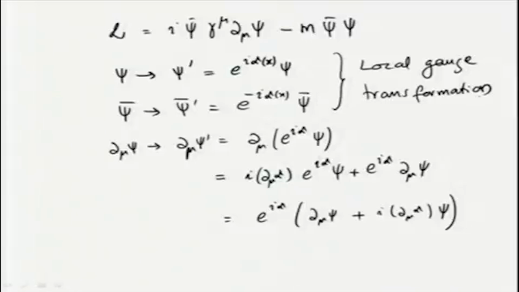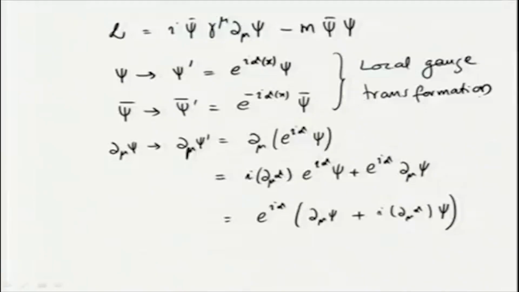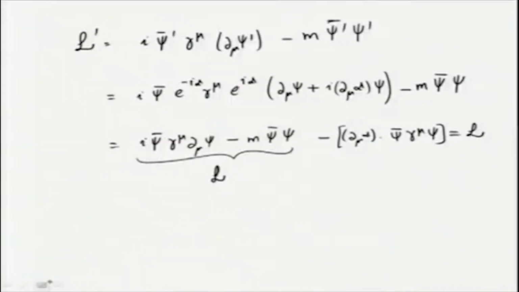It is not globally defined, it is not defined for all the points. It can have one value at x 1 and it can have another value at x 2. So, this is a locally defined quantity, different points will have alphas differing from each other.